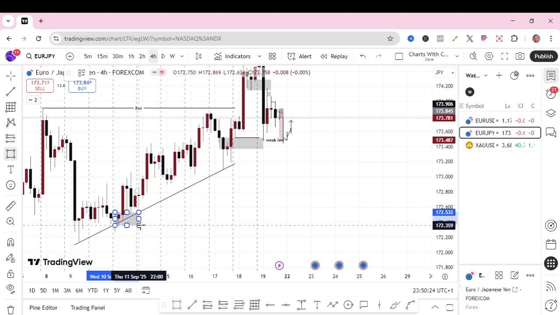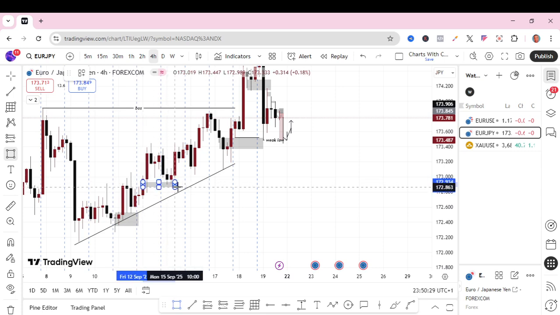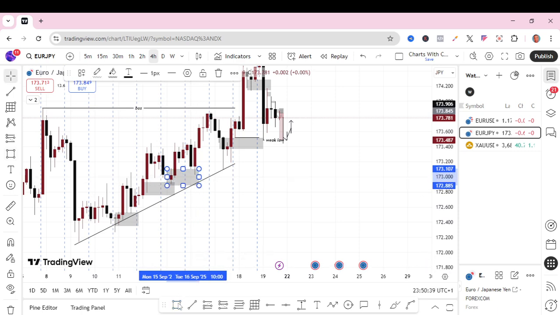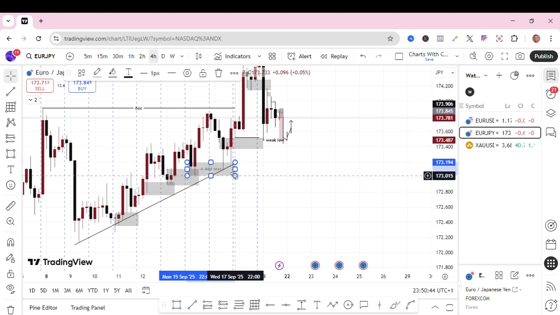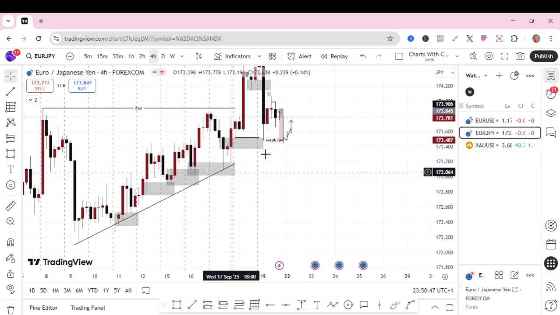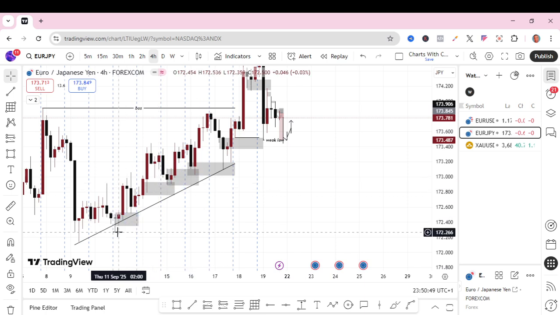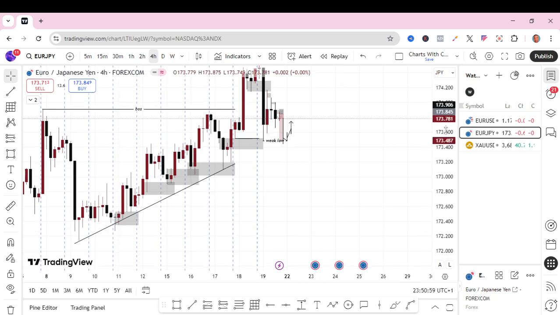Price mitigated here, we had another mitigation here, and here, and here. So everything here becomes liquidity for price to take out. I don't think I would be buying, because from all indication we are selling. So let's just wait and see.